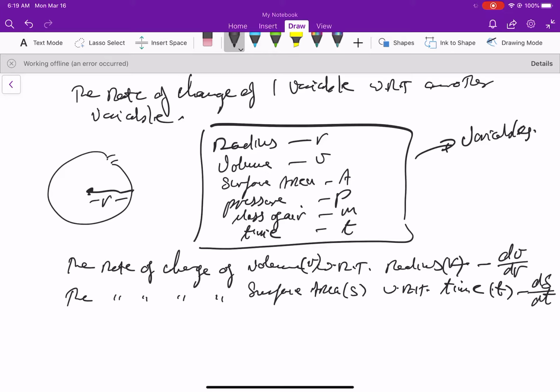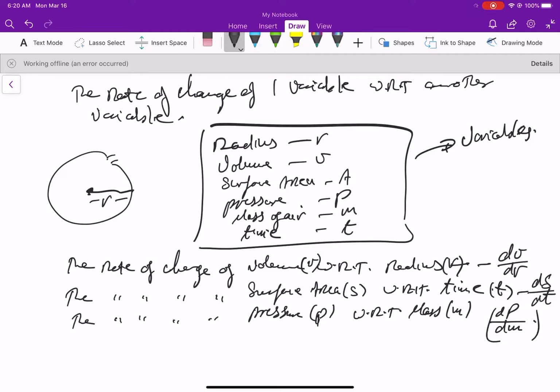Now let's try one more. The rate of change of pressure with respect to mass. Then that would be dP/dM. Etc., etc.